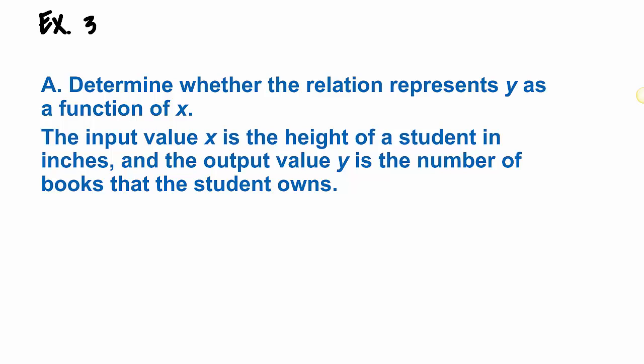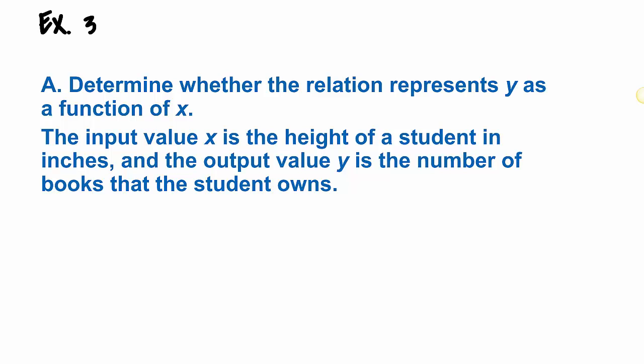Okay, so let's identify whether this is a function or not. It says the input value is the height of a student in inches, and the output value is the number of books that that person owns. So if I was to poll everyone in the room and find out everyone's height and then how many books they own, chances are that there are going to be people in the room that have the same height, okay? And there may be people in the room that own the same number of books.